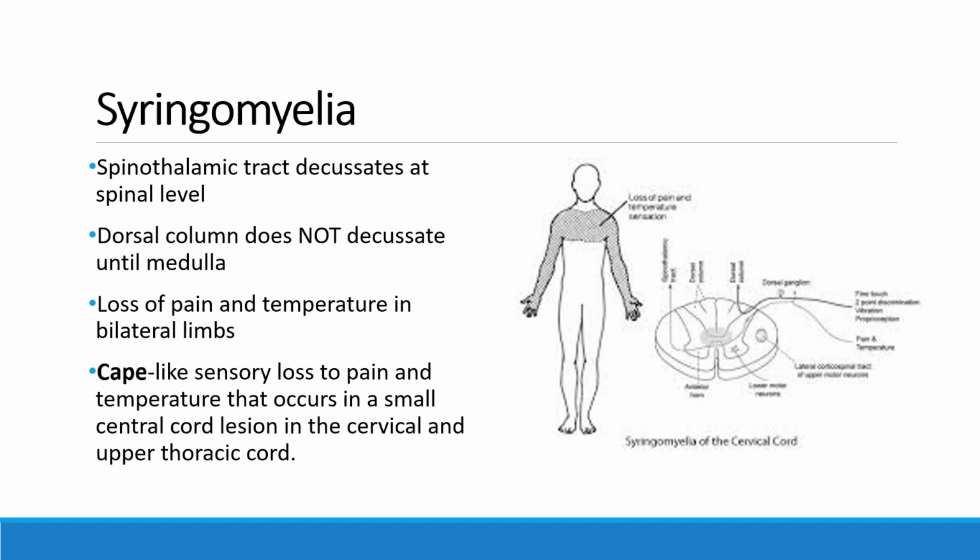What's a syringomyelia? Let's work this word out. Syringo, syringe. How do you fill up a syringe? I used to work as a nurse's assistant a long time ago, watching the nurse fill up a syringe for some insulin.